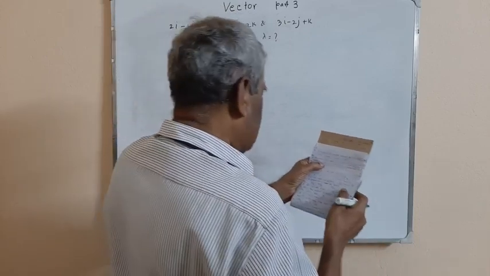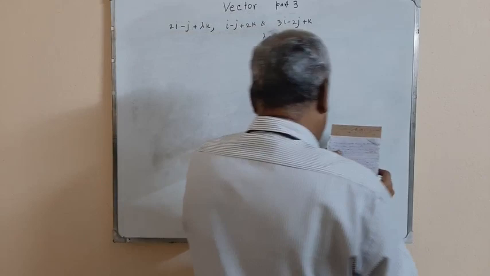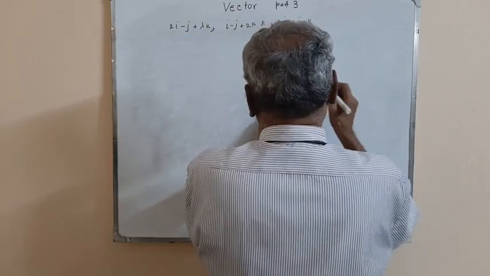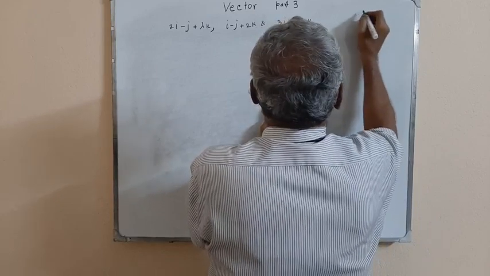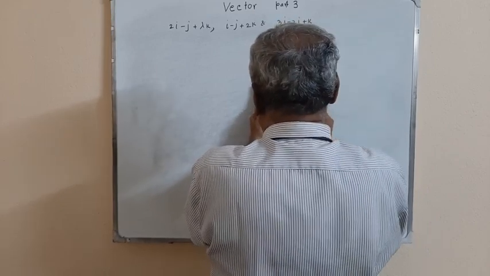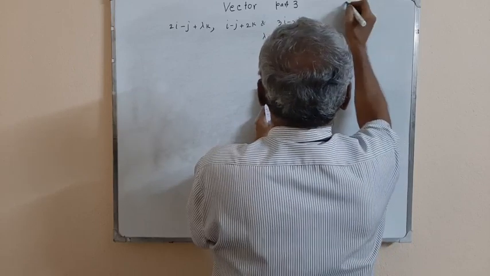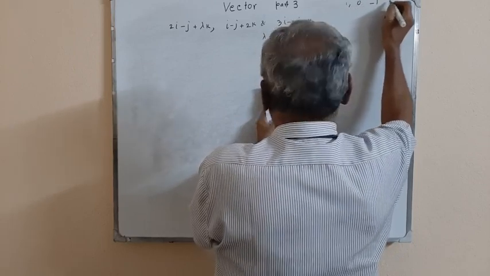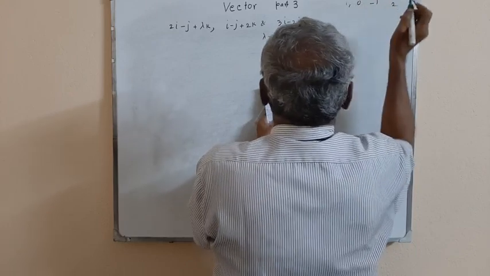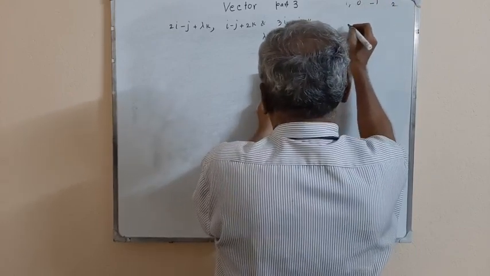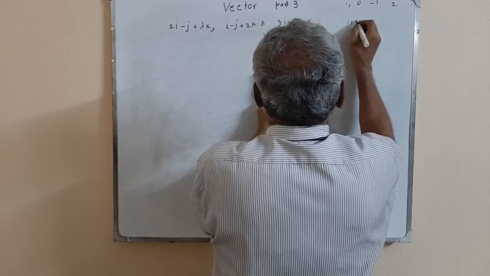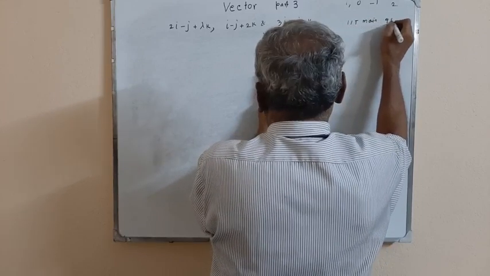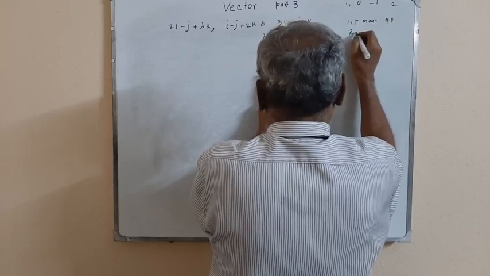I am discussing it again because it is given in IIT Main 90 and Roorkee 92. Before that I write the options: 1, 0, -1 and 2.